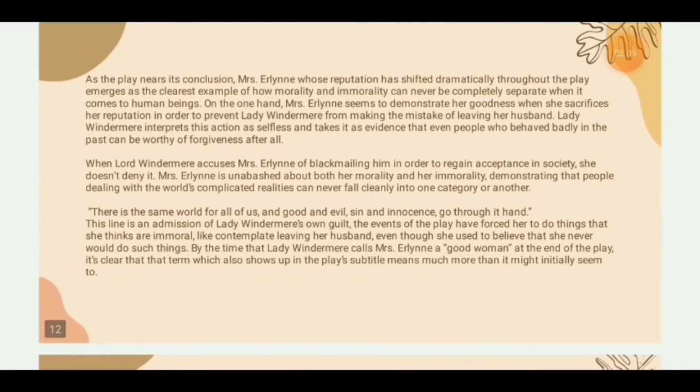As the play nears its conclusion, Mrs. Erlynne, whose reputation has shifted dramatically throughout the play, emerges as the clearest example of how morality and immorality can never be completely separate when it comes to human beings.